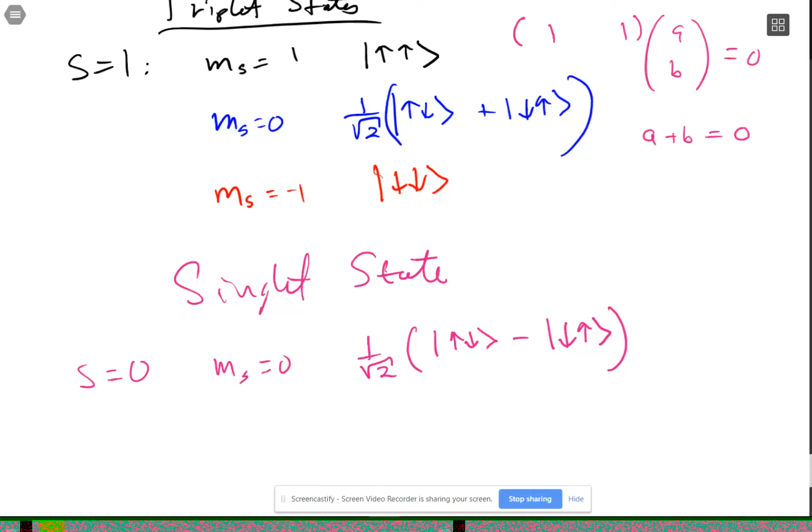So if you say down, up, minus, up, down, that would be a different state than what we have there. Singlet state. Well, it's anti-symmetric. I said there's no difference because it's multiplied by minus 1, right? If I take the state and multiply by minus 1, I don't consider it different as a state, but it is anti-symmetric because you've changed the sign of the state.